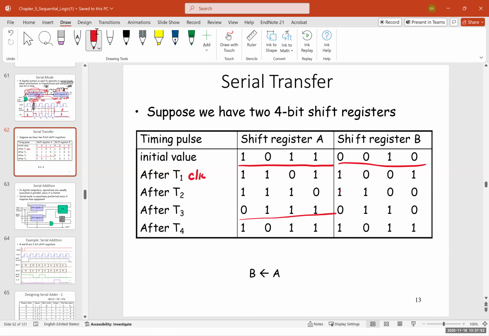Now this one, if I shift everything to the right, this one would come here. This 0 would fall out, and we would have a 1 coming to the left. So it's going to be 1, 0, 1, 1. Is it clear? Okay.